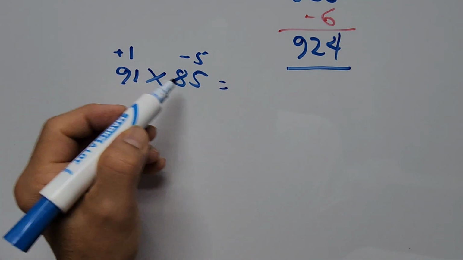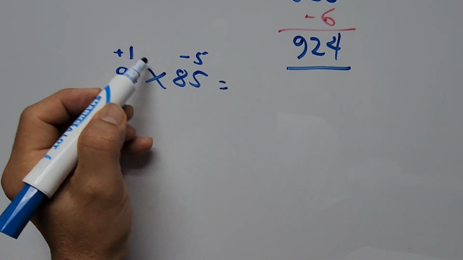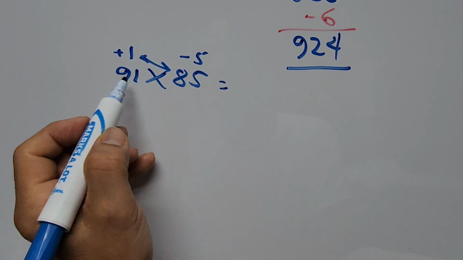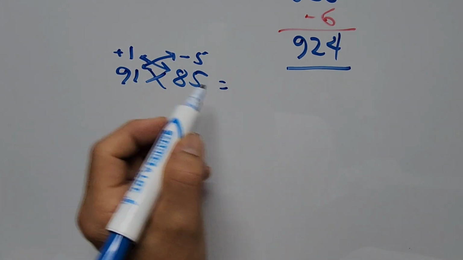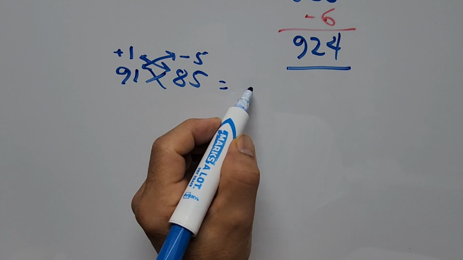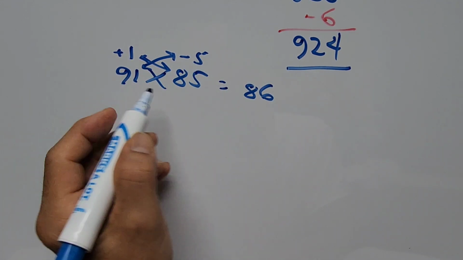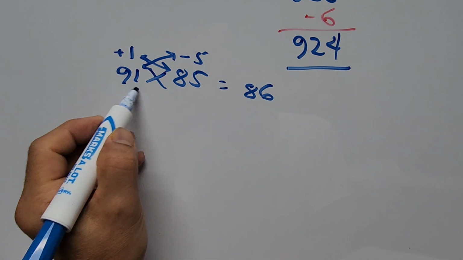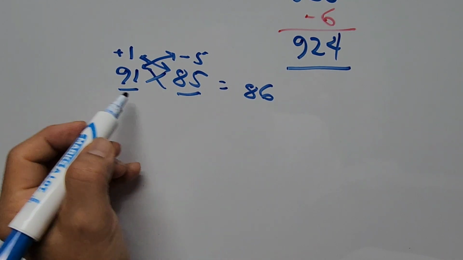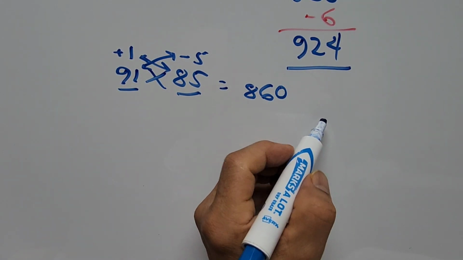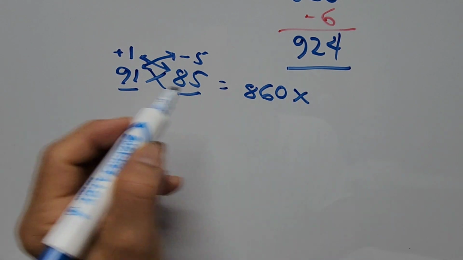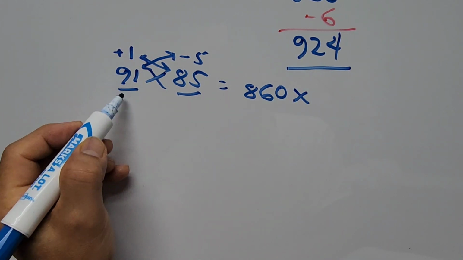So the first part of our answer is adding these both, positive 91 and negative 5. 85 plus 1 is 86. That's the same way, 91 minus 5 is 86. And since we have a two-digit number, that means multiply it by 10, so we just add 0. And then multiply it by, this is base 90, right?